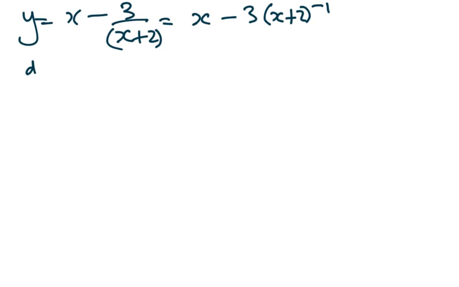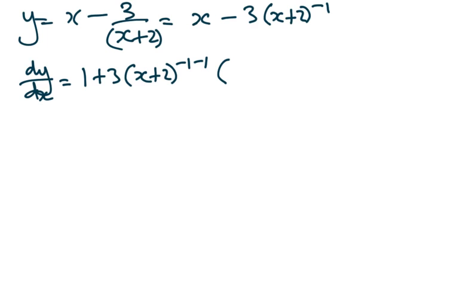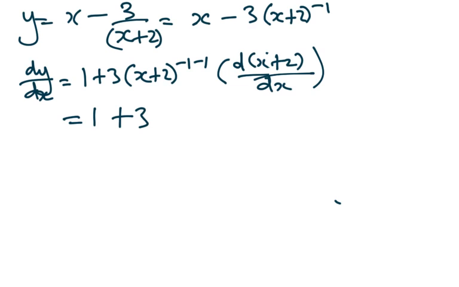Now let's differentiate. When you differentiate this, the derivative of x is 1, and then plus 3 times x plus 2 to the power of negative 1 differentiates to negative 1 times x plus 2 to the power of negative 2, and when you differentiate x plus 2 in terms of x, you get 1, so I don't have to write that.